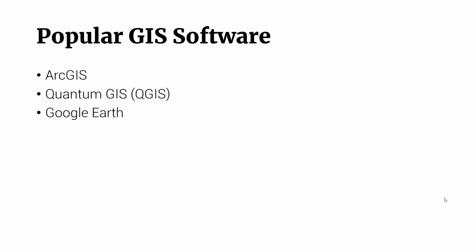Unang-una, advanced mapping. ArcGIS enables the creation of intricate and visually compelling maps, allowing users to represent spatial data with precision and clarity. Next one is spatial analysis tools. With an extensive set of spatial analysis tools, ArcGIS supports in-depth exploration of geographic patterns, relationships, and trends.